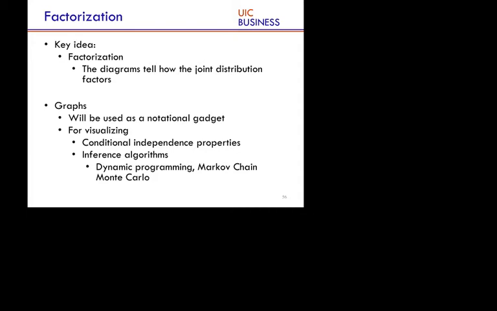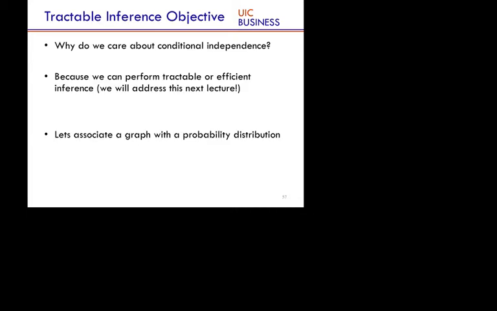There are two notions of why we care about capturing conditional independence properties. One is that we want to do tractable inference. Let's say I have a joint probability distribution over 100 random variables.